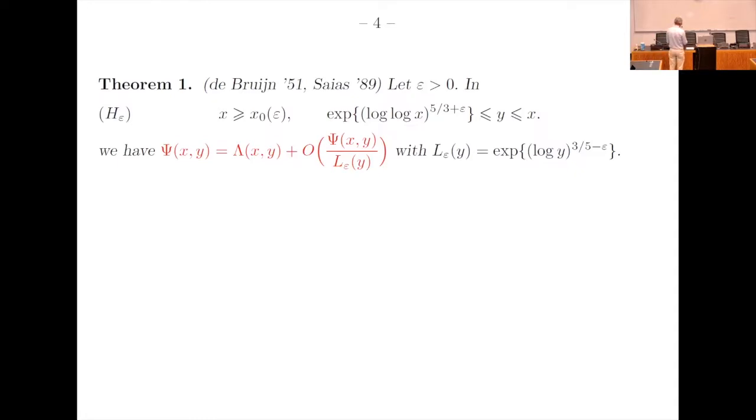So in the very large domain here, you have a very good approximation of psi xy by lambda of xy. So you see 3 over 5 here, for example, is given by the largest zero-free region of the Riemann zeta function.